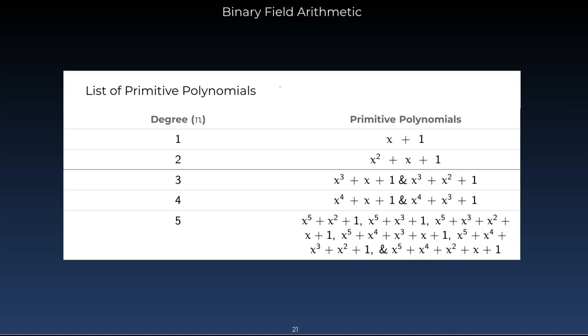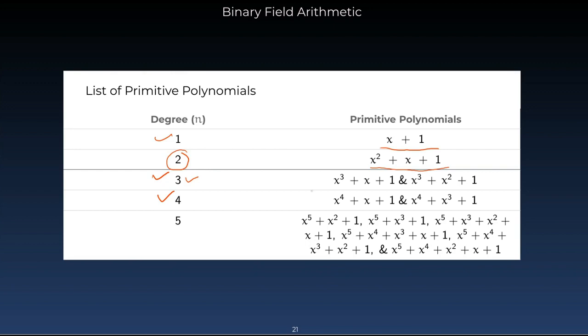Next, here we have a list of primitive polynomials over GF2, and we generally require in our manipulation only degree 3 and degree 4. So this is all that you have to remember. Primitive polynomial of degree 1 is x plus 1. Of degree 2 is x square plus x plus 1.